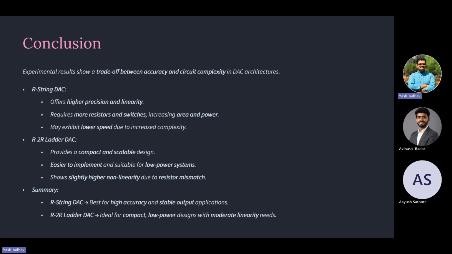Meanwhile, the R-string DAC gives a linear and monotonic output and higher precision, but it requires more resistors. The circuit gets complex, and as the circuit gets complex, it introduces line capacitance. As the bits and resolution increase, the circuit gets complex for the R-string. Meanwhile, for the R2R ladder DAC, the circuit doesn't get as complex as the R-string.